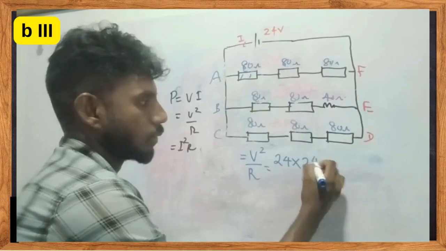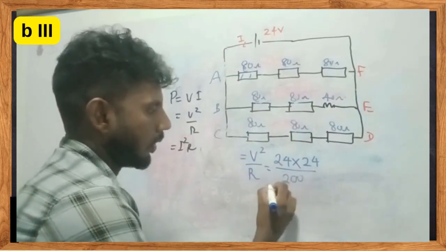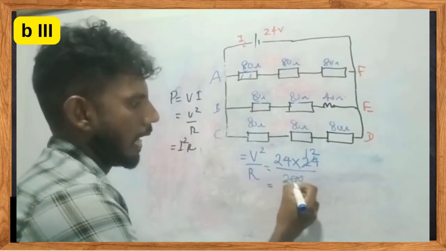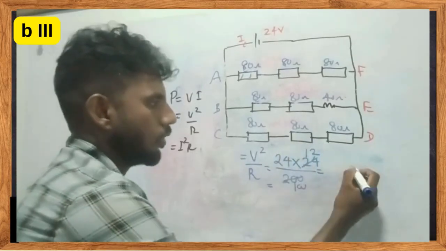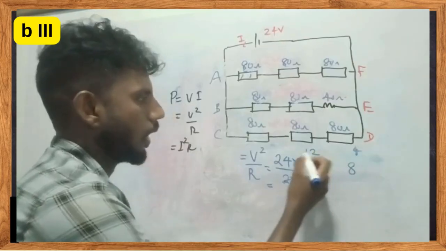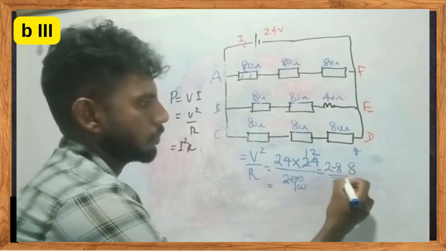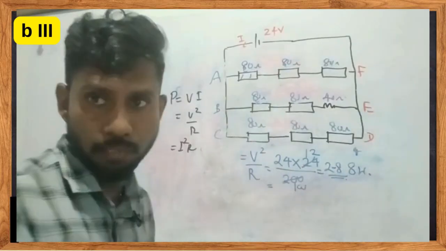So I'm going to write it as 24 into 24, that divided by BE 200, right? So 24, 12, and it's 100. Let's multiply 24 into 12: 12 into 4, 48, 4 balance, 12 into 2, 24, so 288. So 2.88 watt, that's the power dissipation across BE.